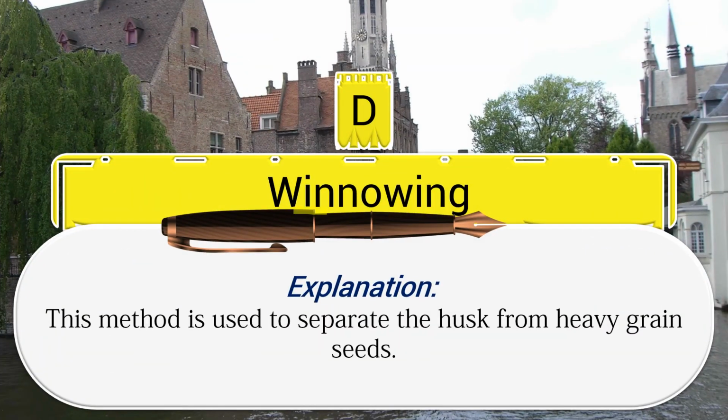The answer is winnowing. This method is used to separate husks from heavy grain seeds.